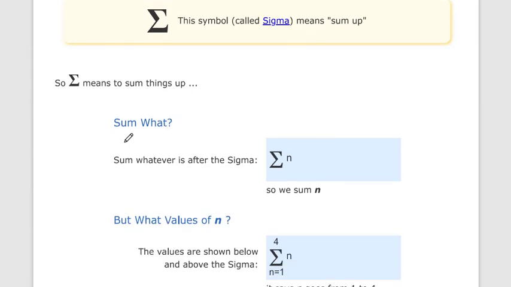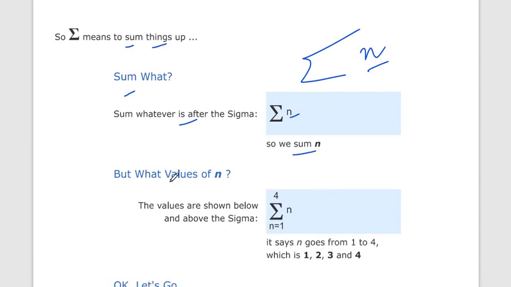But what do we have to add? Whatever we have to add, we write after the sigma symbol. Here sigma and n, so we sum n. But what is the value of n?